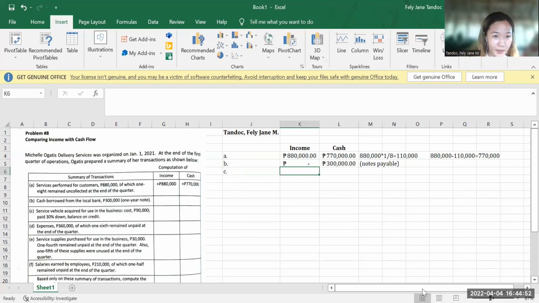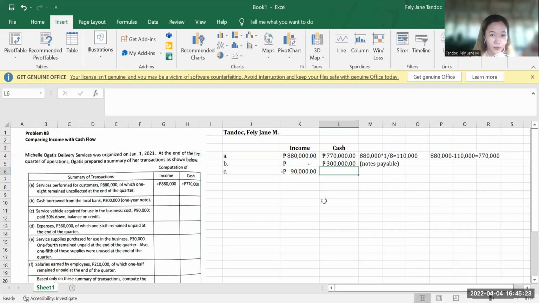Next, for letter C, service vehicle acquired for use in the business cost 90,000, paid 30% down, and balance on credit. My entry for income is to subtract the total cost, which is 90,000.